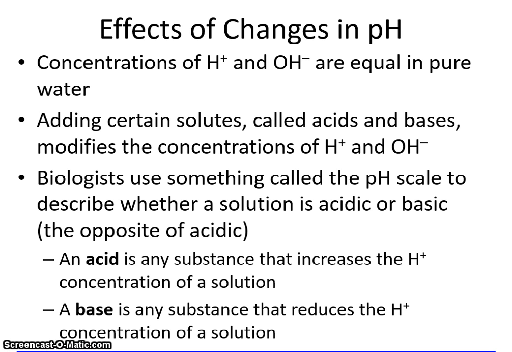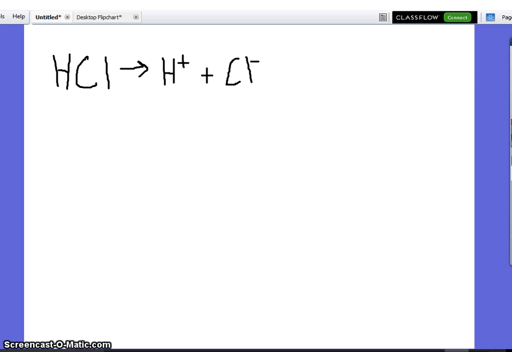So let's take a look at a few examples of each. So for example, if we take hydrochloric acid and add that to water, it's going to dissociate into hydrogen ions and chlorine ions. Because this hydrogen ion, and again, this is going to be many ions, is being increased, the concentration of hydrogen ions is going to be increased, we say that this is an acid.